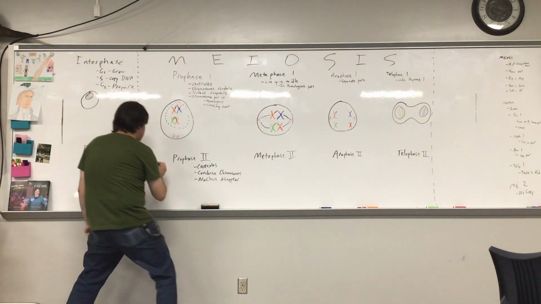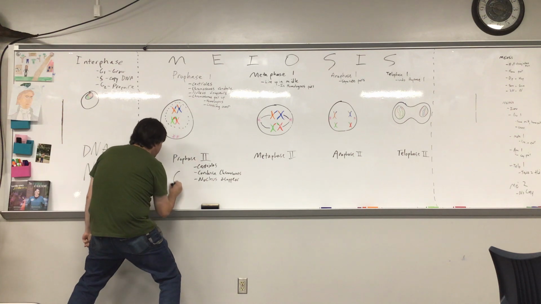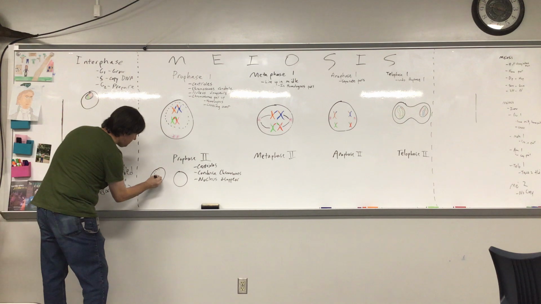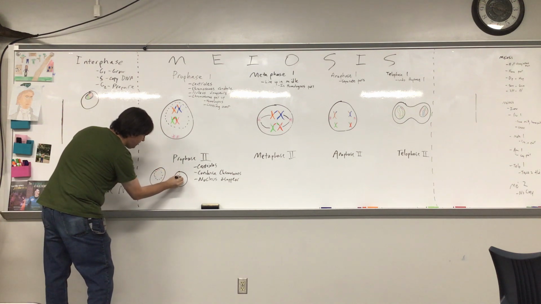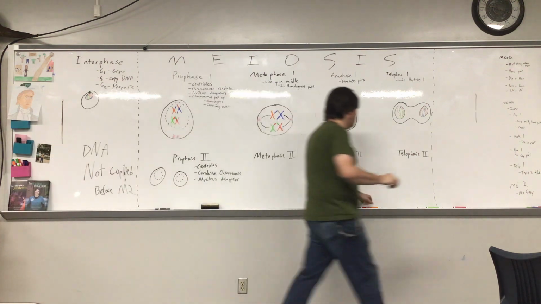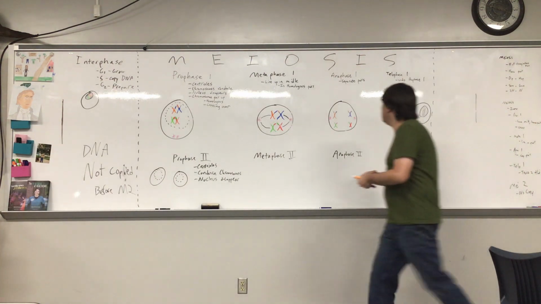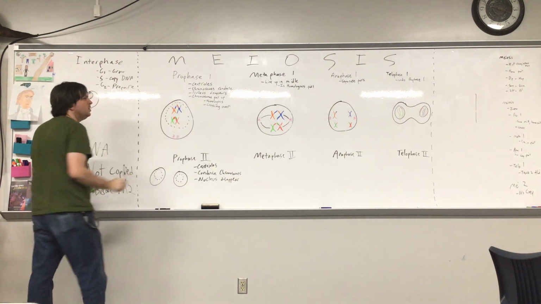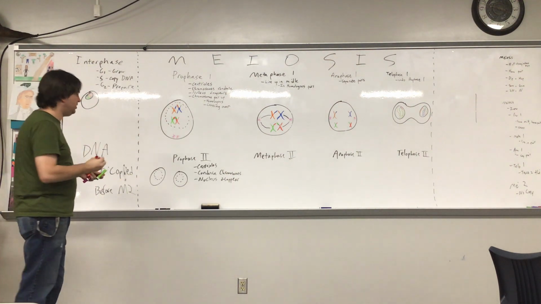In prophase 2, we are doing this amongst 2 cells. But we did not copy our DNA. So when we condense, we're not going to condense into 4 chromosomes in each cell.